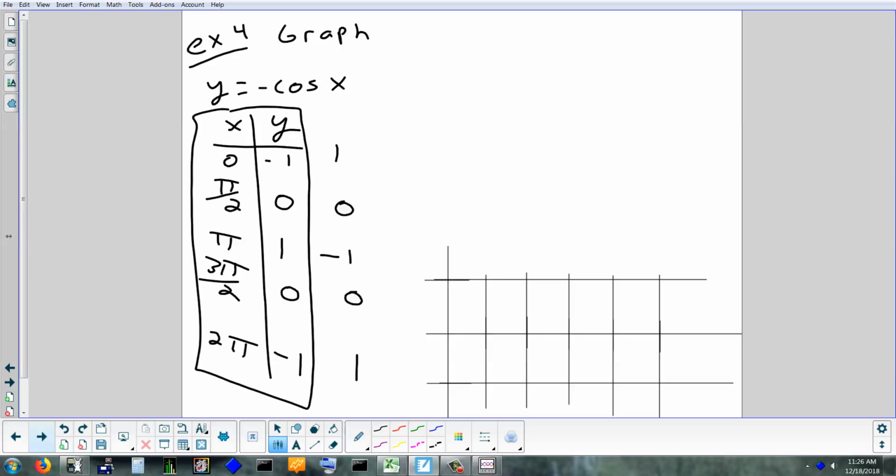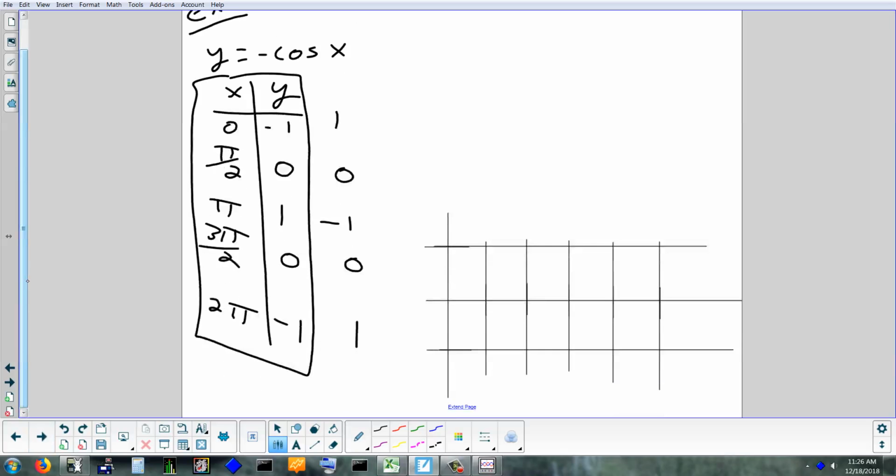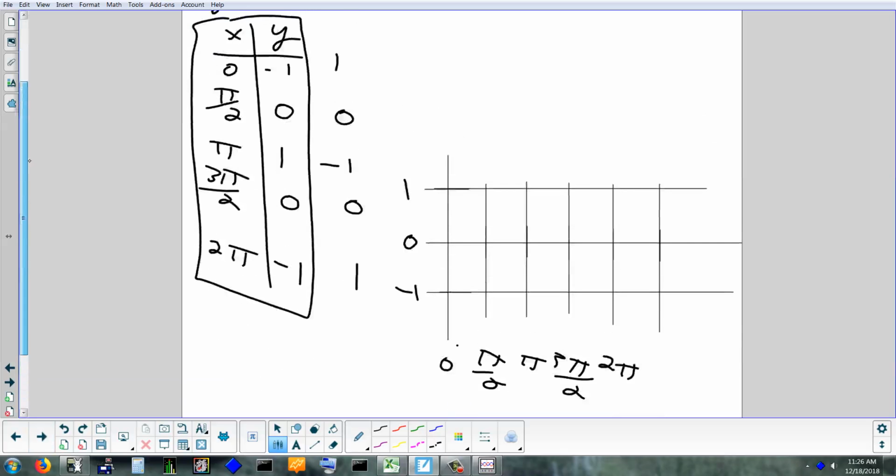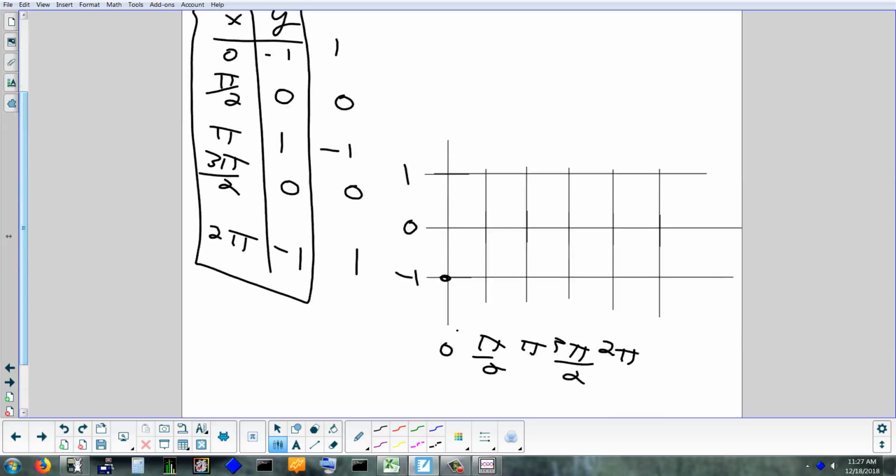So normally cosine looks like a valley. It's like you're drawing the downward part. This is going to look more like an N shape, like a hill. Okay, it's the other part of the wave. All right, so we got 0, pi over 2, pi, and 2 pi. We're going to start at negative 1, 0, 1, 0, negative 1.